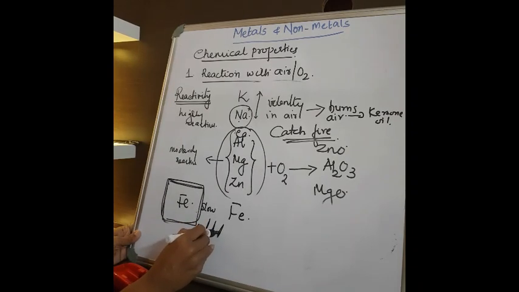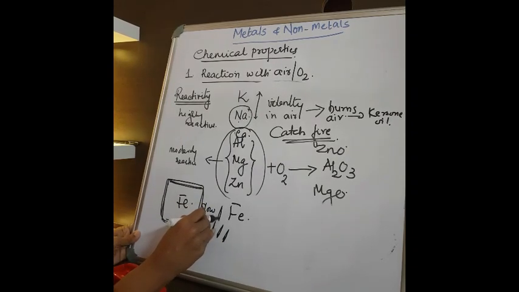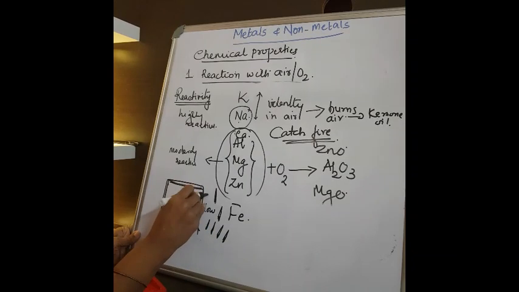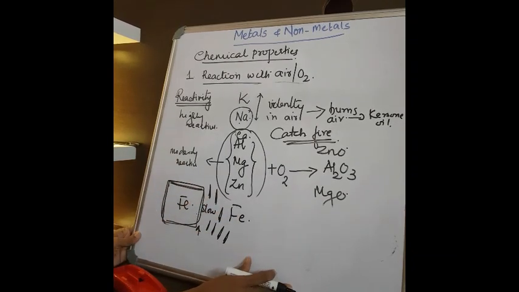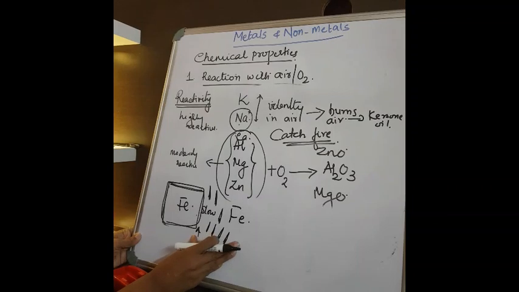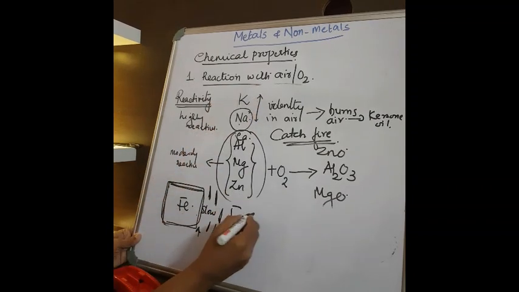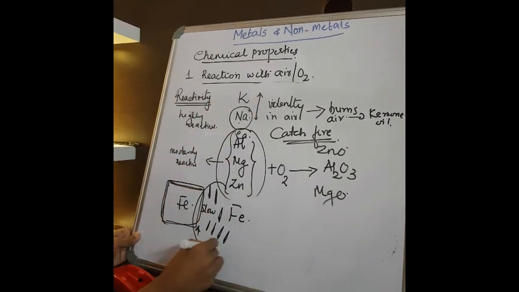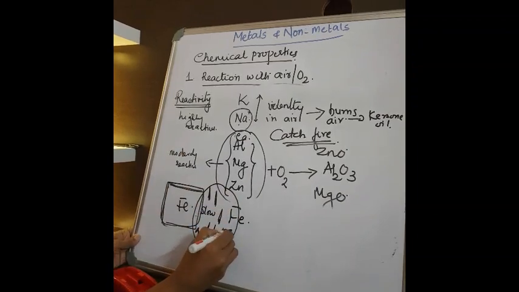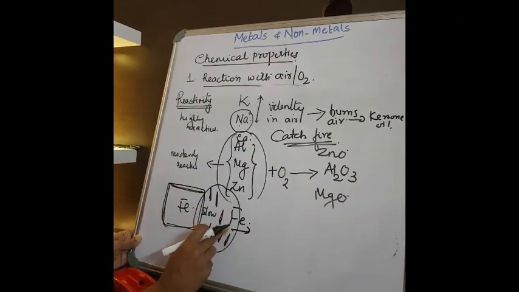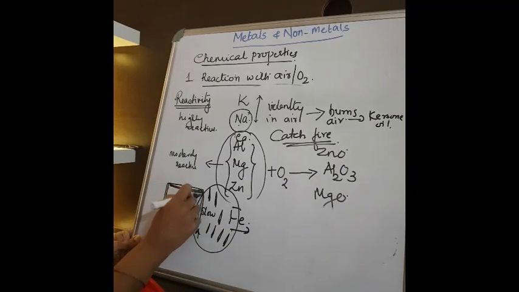I have shown you in the class, small iron filings. And I burn these iron filings in oxygen, they will suddenly burn, or the reaction is more vigorous when compared to an iron block.